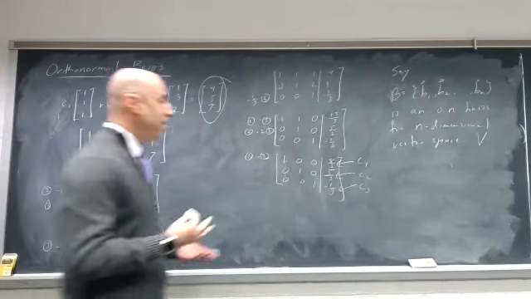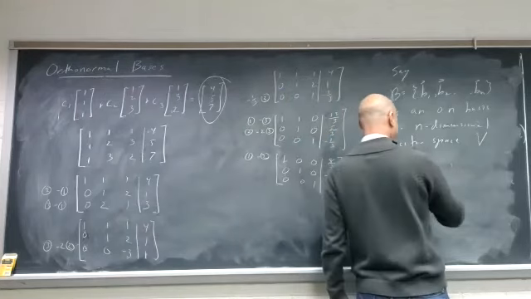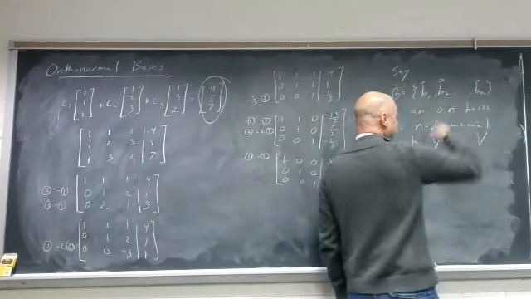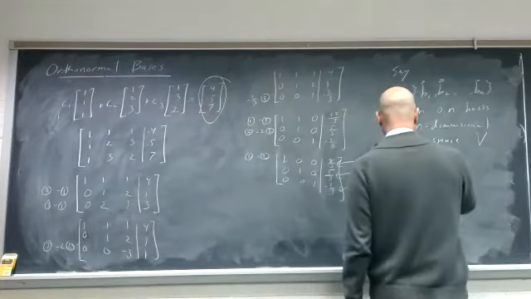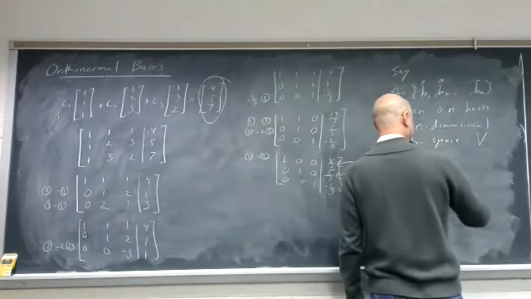Now, of course, V has this dot product. So in order for orthonormal to make sense, in order for length and angle to make sense, we had to put a dot product on.